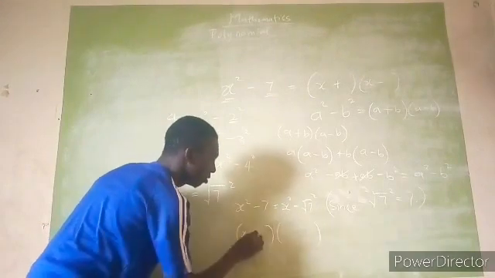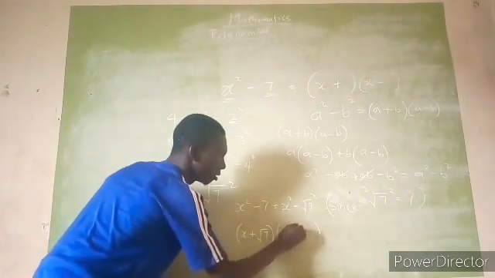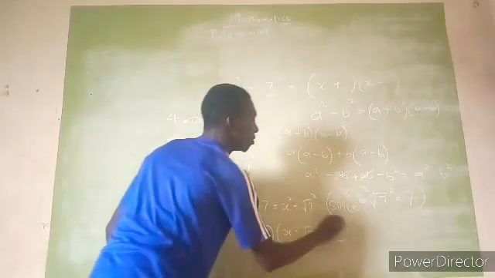You substituted it, and now we have two squares, so you can apply the rule: two brackets, x plus root 7 and x minus root 7. That's the solution. Quite easily done.